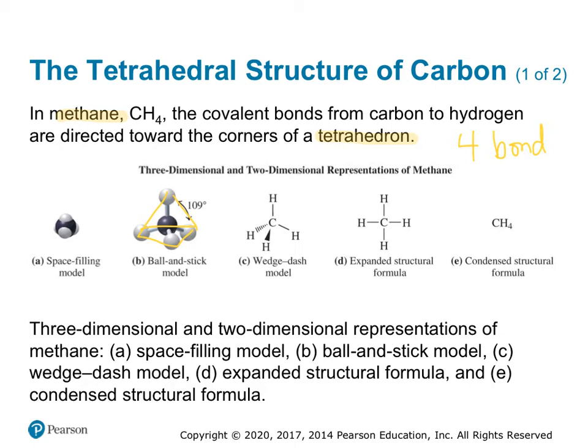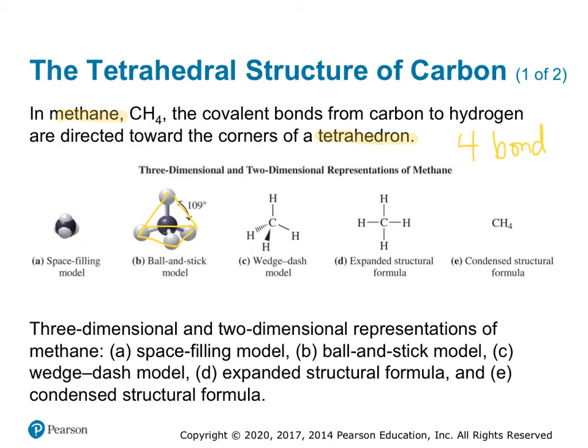There are different representations that we can draw, and you need to be able to draw some of them. If we were in class, we would have models. We would look at the space filling model and the ball and stick model.